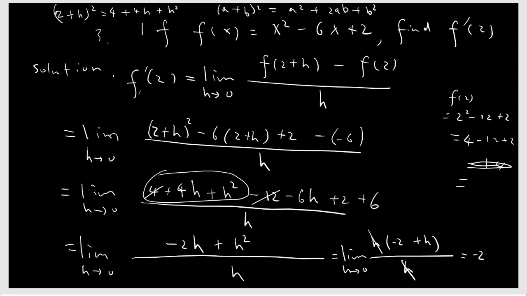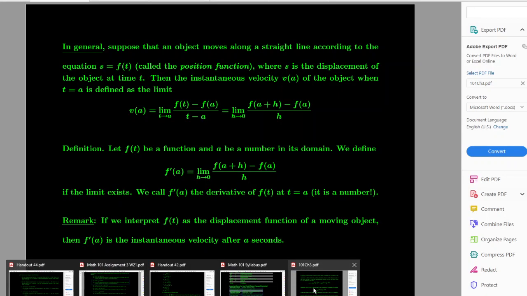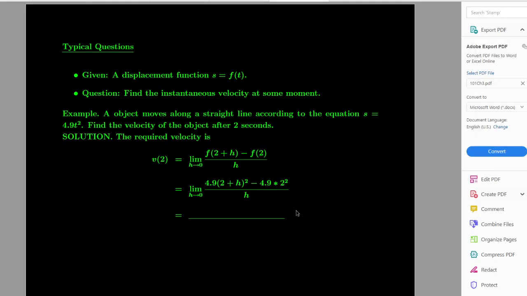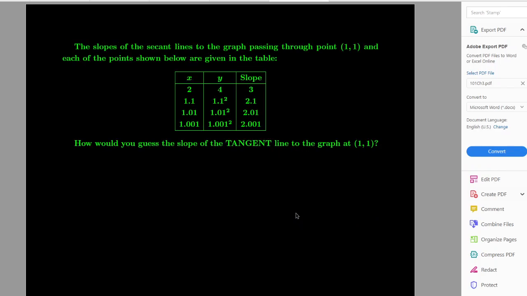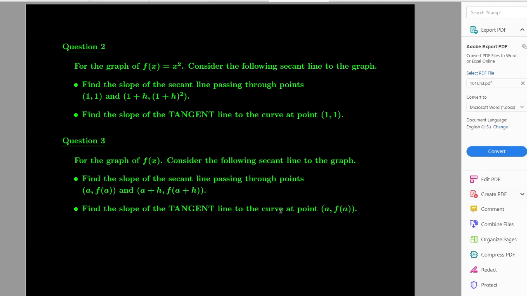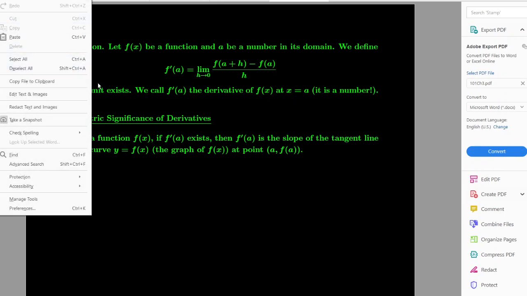I do not have time to tell you why, but I want you to remember the geometric meaning. Actually, if you look at the handout, my part 2 is designed to motivate the geometric meaning, but I do not have time to go over that. But I want you to remember this part.